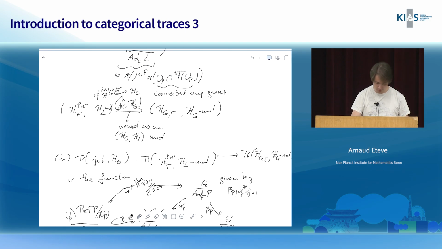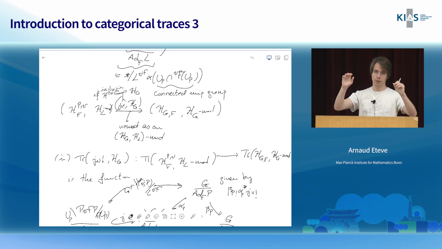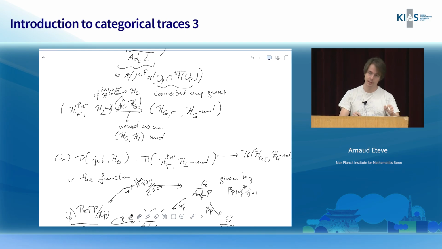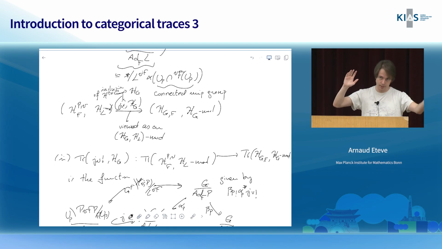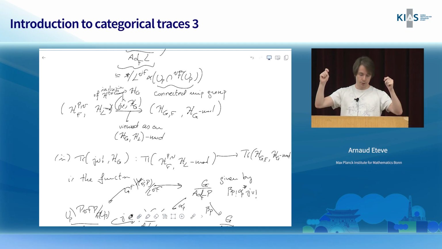Yeah. So remember to write the functoriality of traces, you have a category, here HL mod or HG mod, together with an endomorphism. For one of them it's the thing given by the bimodule HPVF, and for the other one it's the one given by HGF. So you have two categories with an endomorphism, and to write the functoriality of traces, you need a map between the categories.